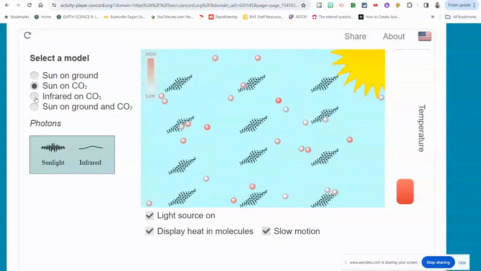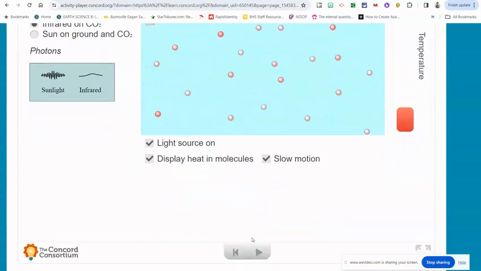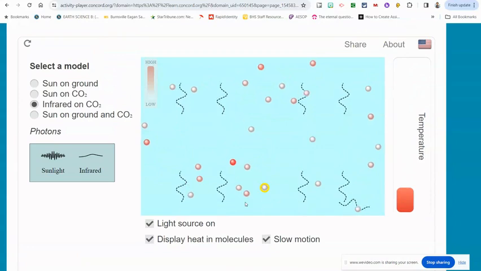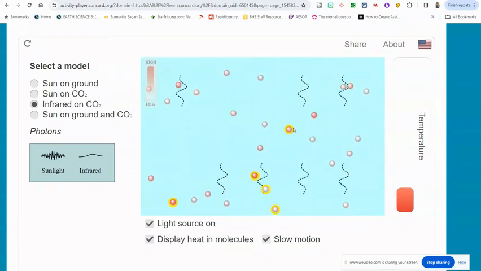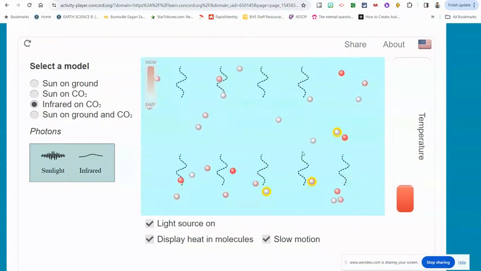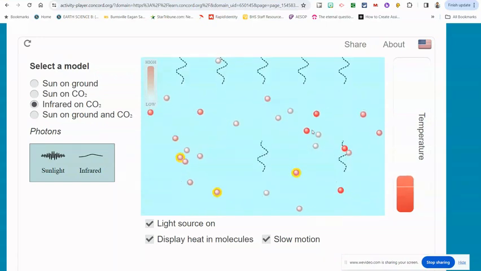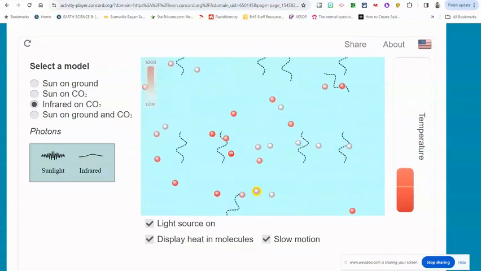The next model is the effect of infrared energy on carbon dioxide. Okay. So now infrared energy, you can see infrared energy can be absorbed by the carbon dioxide. That causes the carbon dioxide to warm up. And then if you look closely, you'll see that after it warms up, it will re-emit the energy as infrared energy.